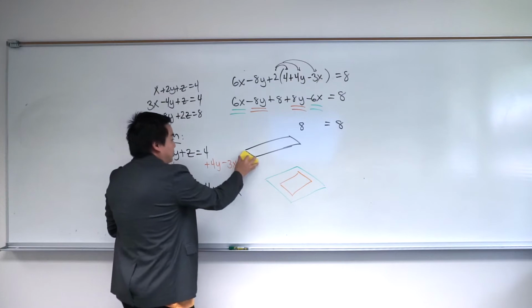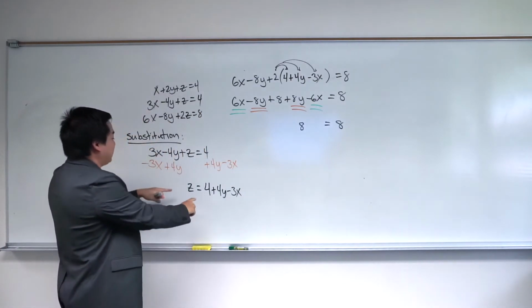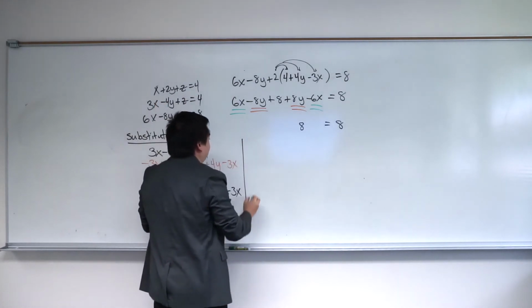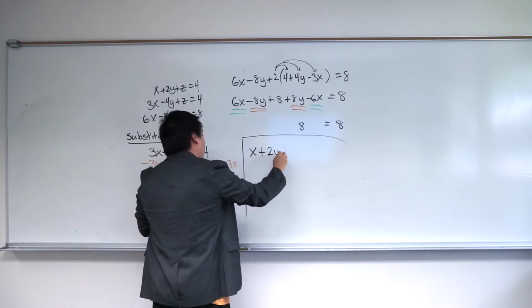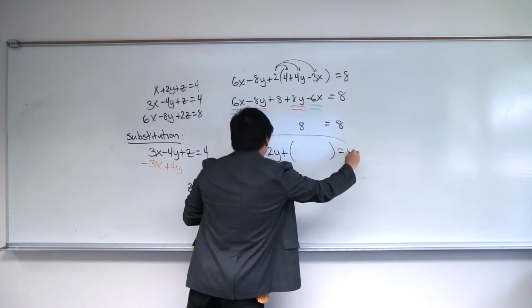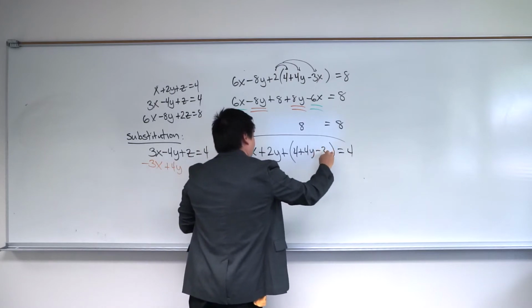So we need to solve this second part, which is going to be plugging in this z value into the first equation. So let's go ahead and draw that. x plus 2y plus z equals 4. And this is going to be 4 plus 4y minus 3x.